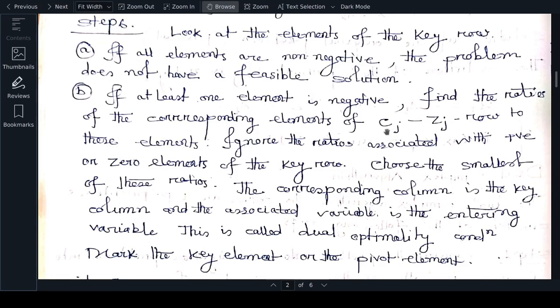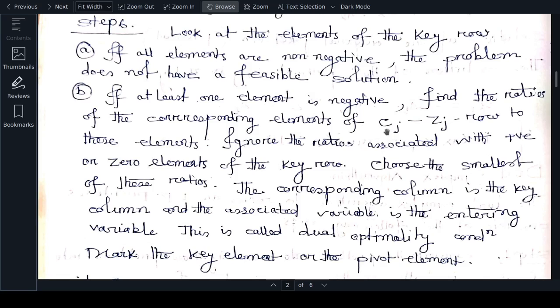If all elements are non-negative, the problem does not have a feasible solution. Sorry, not negative, non-negative: if all elements of the key row are non-negative, then we cannot get a solution.